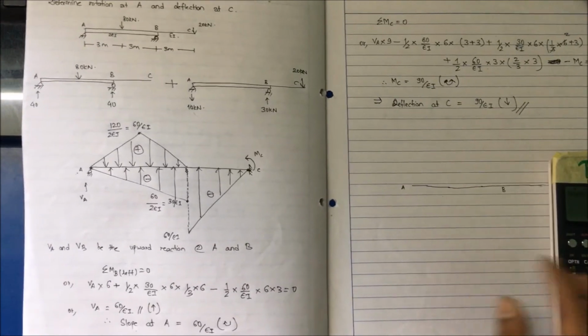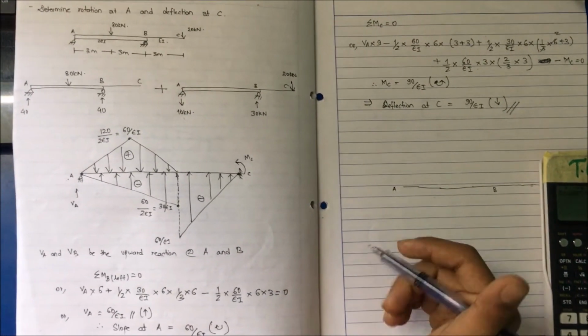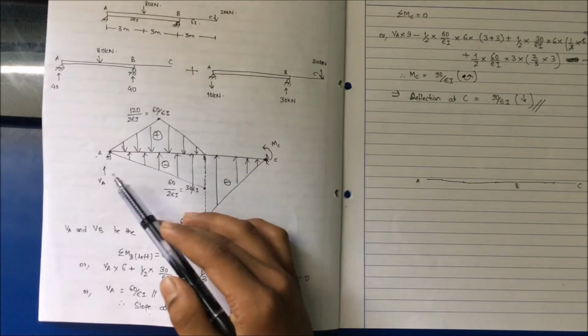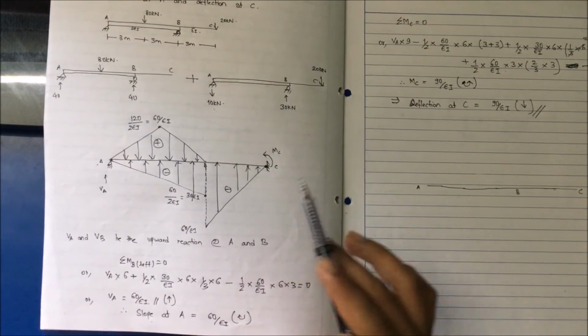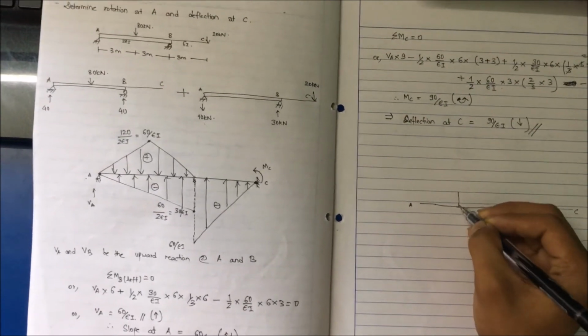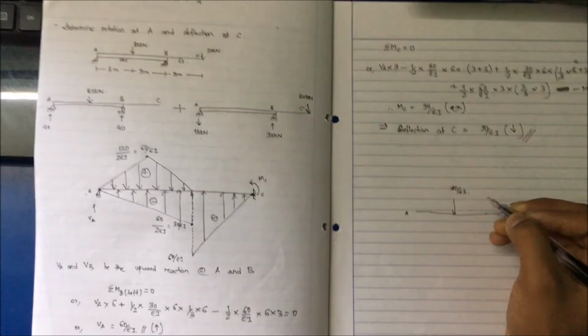180 by EI will be the magnitude of the load, and it will be acting at a certain distance. It is symmetric, so it will be at the mid span, that is 3 meter. So at 3 meter, 180 by EI loading will be acting.